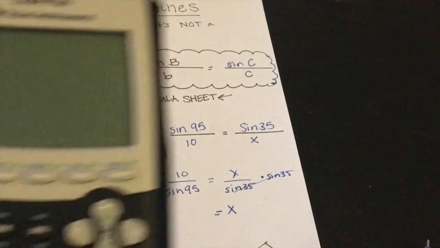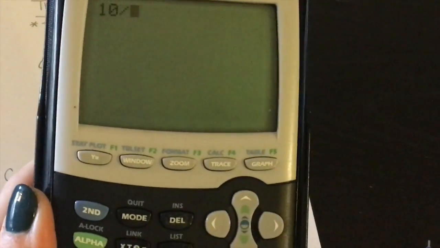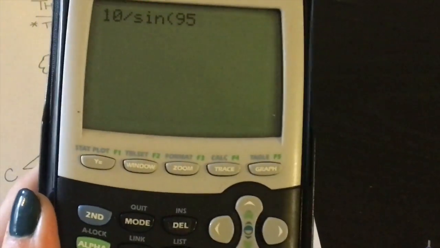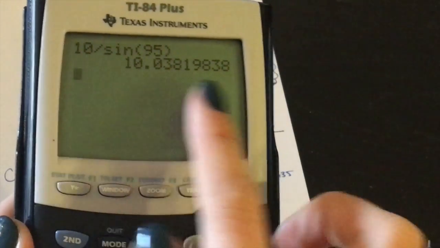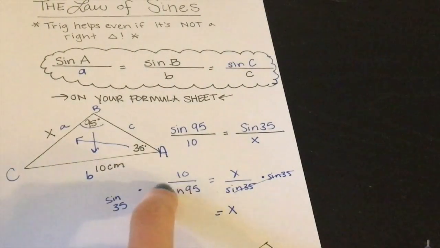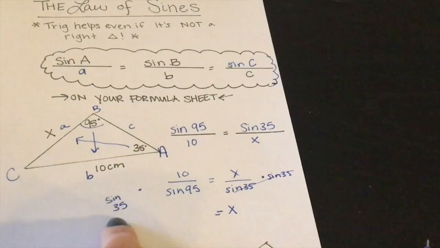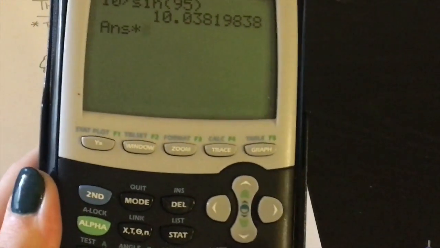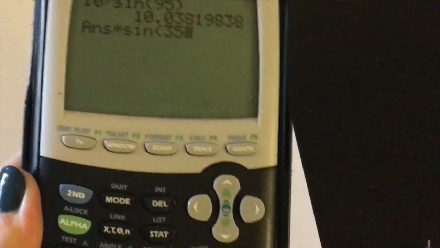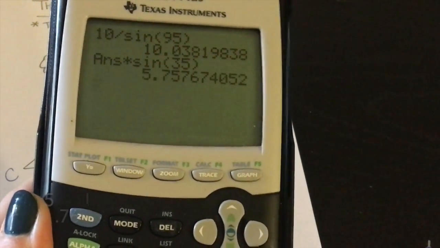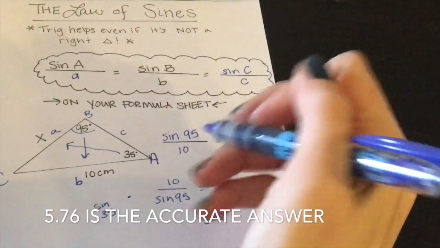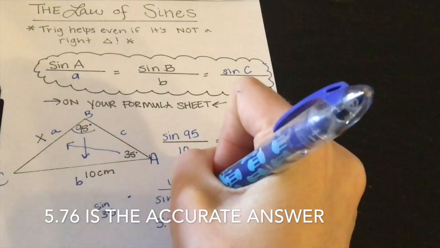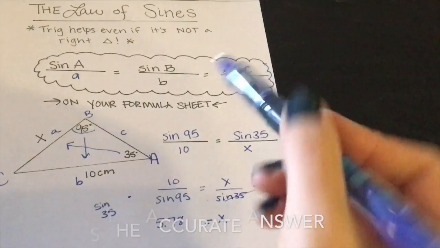So 10 divided by the sine of 95, that's 10.038, etc. I take that value times the sine of 35, and I get 5.78 approximately. And my unit is centimeters.